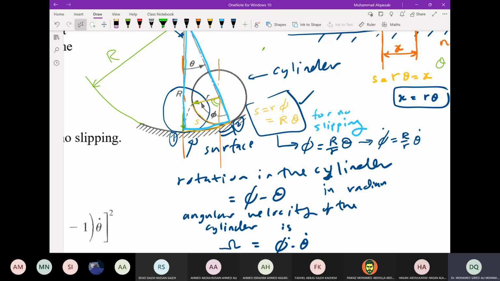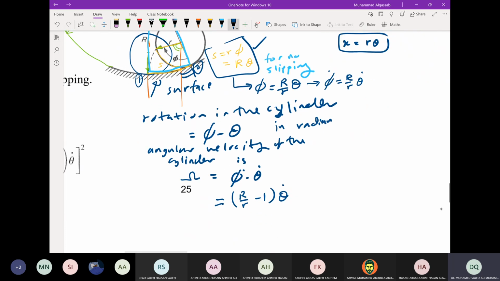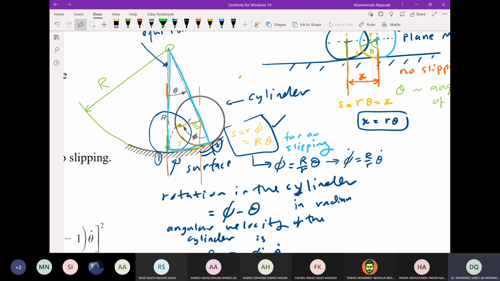We need to find the velocity of the center of gravity of the cylinder as well. So we find the angular velocity, and from this we can find the kinetic energy due to rotation, and we need to find the linear velocity of the center of gravity of the cylinder in order to find the kinetic energy due to translation.